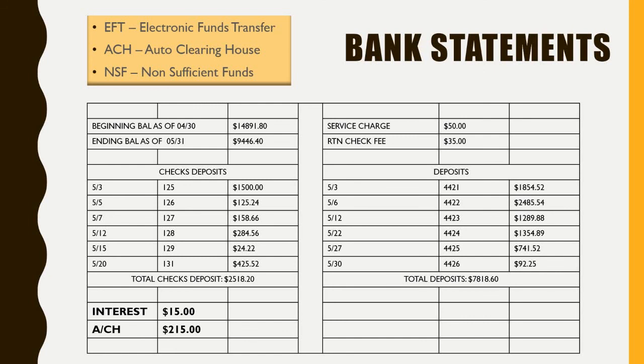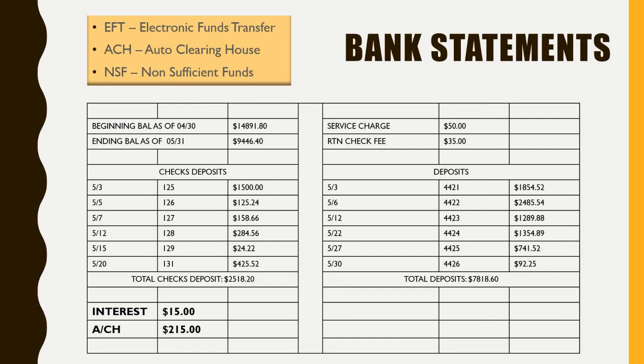ACH stands for the Auto Clearing House. So this is where if you charge your customers, especially for finance charges, if they decide to pay online, you charge interest on top of that, right? Auto Clearing House is where it's directly correlated to your EFT transfers, right?